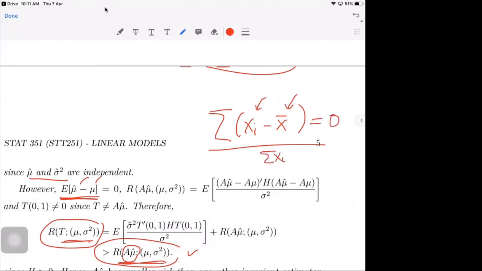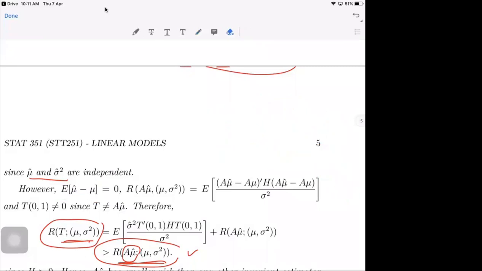So summation of x sub I minus summation of x bar. But you can write this as n x bar, summation of x sub I, but n x bar is summation of x sub I. So x sub I minus x sub I, that is 0. So in general, if you are trying to get the difference of your actual value from the average one, that is equal to 0.